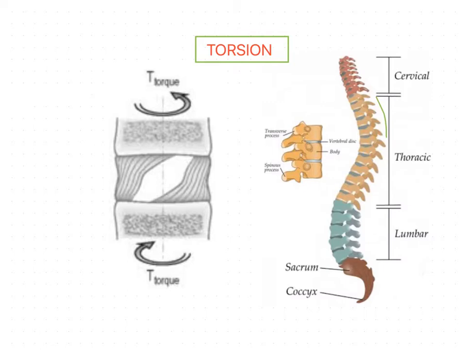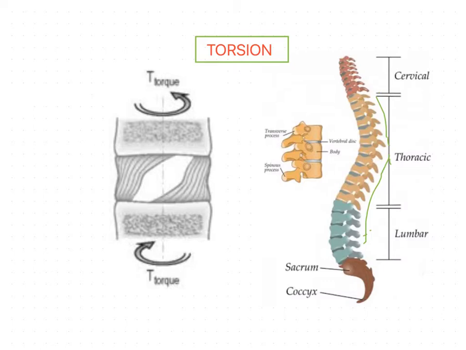But the torsional stiffness from the T7 T8 mobile segment to L3 L4 increases, while at the level of T1 to T6 it is the same.